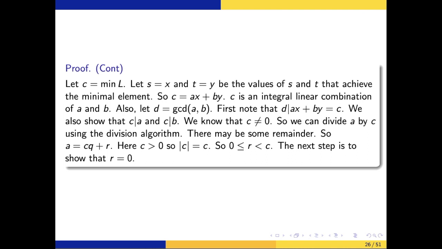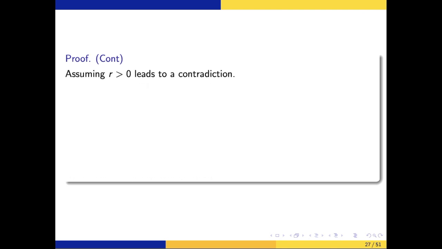We have to now use this fact to show that the remainder is equal to 0, from which it will follow that C divides a. Assuming r to be positive leads to a contradiction. We know that r equals a minus Cq, but C was equal to ax plus by.